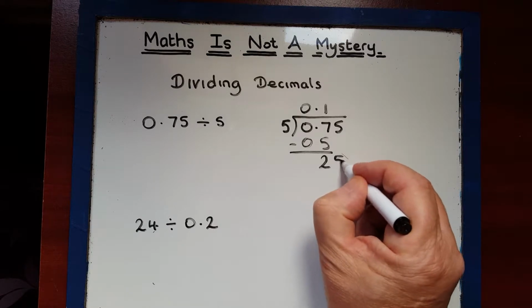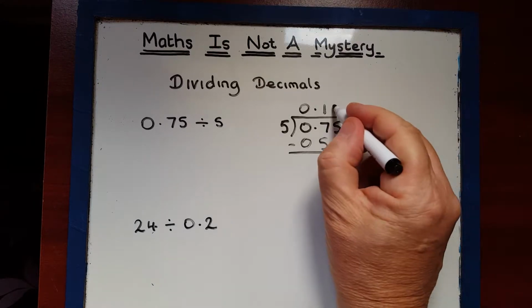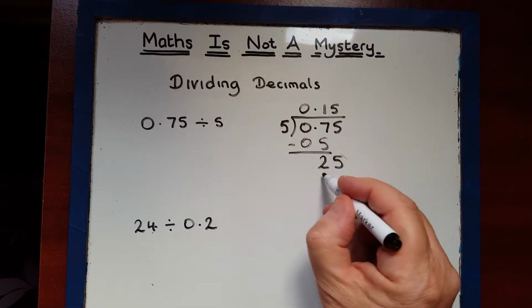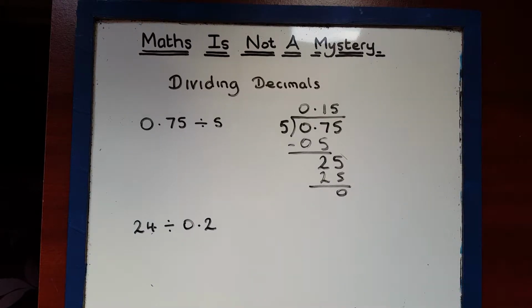Drop this 5 down here, and your next question is how many 5s are there in 25? 5 fives are 25, so 0 left over there, and you finish the question. So 0.75 divided by 5 is 0.15, or 0.15 I should say, because it's not really 15, is it?